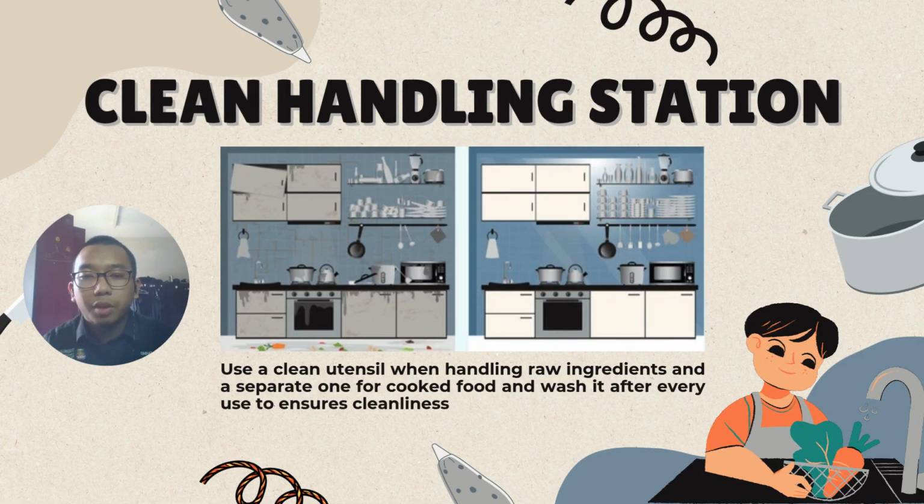For example, when handling raw ingredients, we should use a clean utensil, and after finishing using it, we should wash it thoroughly. We should also avoid using the same utensils used on raw ingredients with cooked food. This is to ensure that no cross-contamination is happening.